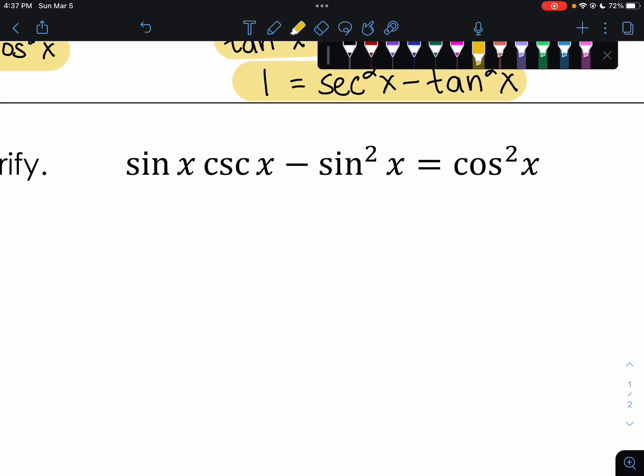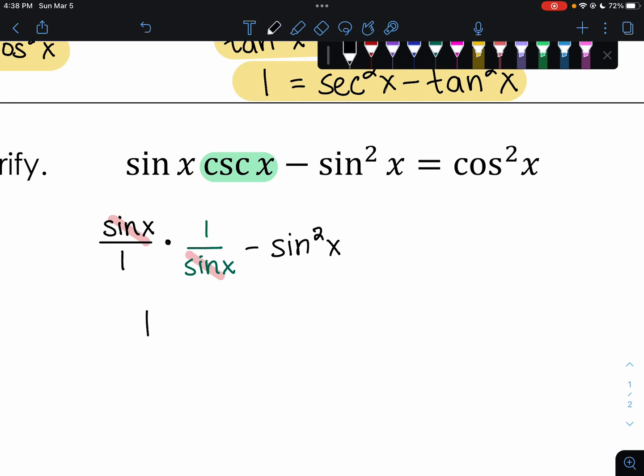So I have sine x over 1 times cosecant x, and cosecant x is 1 over sine x, minus sine squared x. So we see that my sine x on top cancels a sine x on bottom, and that leaves me with 1 minus sine squared x.